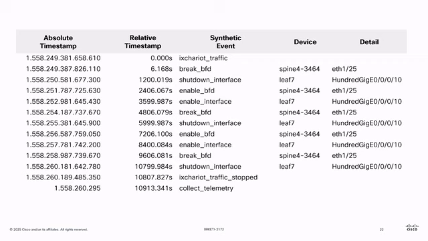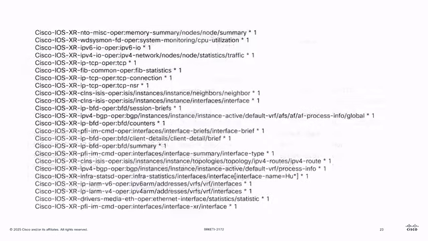So this is the set of things that I want to re-retrieve by just looking at the data, and then say, well, can I really tell that we broke BFD, for instance, at that particular second? So what I did is I subscribed to a bunch of sensor paths to retrieve telemetry from that system. This is the set of 24 sensor paths that we subscribe to.